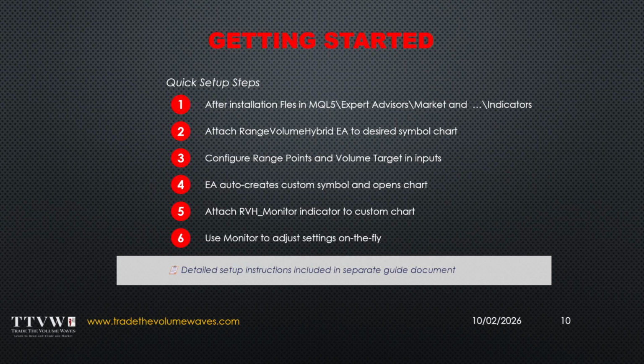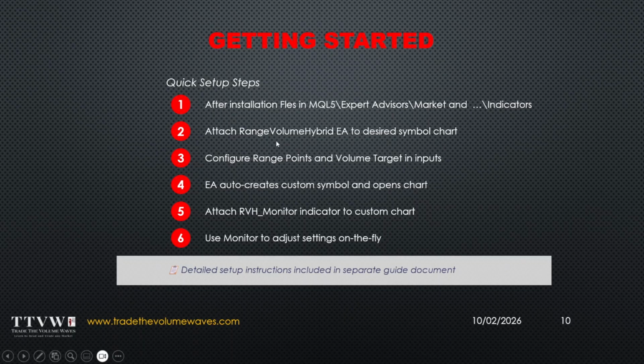So how we're gonna get started? For the guys that are not familiar with setting up, you just get it from the market. The EA will be installed in your Expert Advisor Market Directory and the monitor on the indicators.